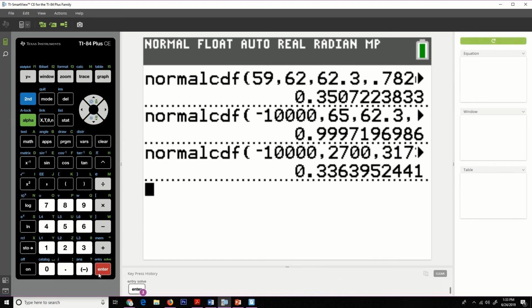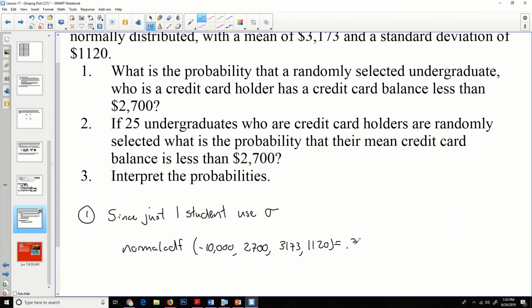Hit enter there. You get a 33% chance, 0.336 or 33.6% chance, that that student will have a debt less than $2,700.